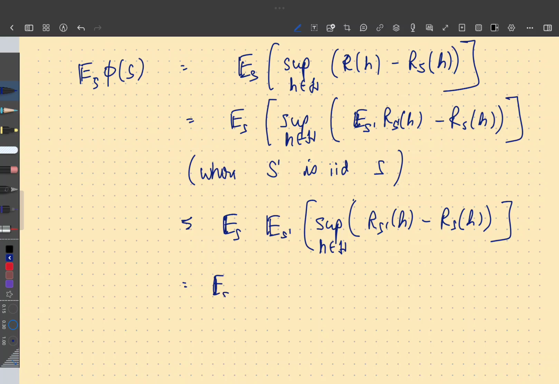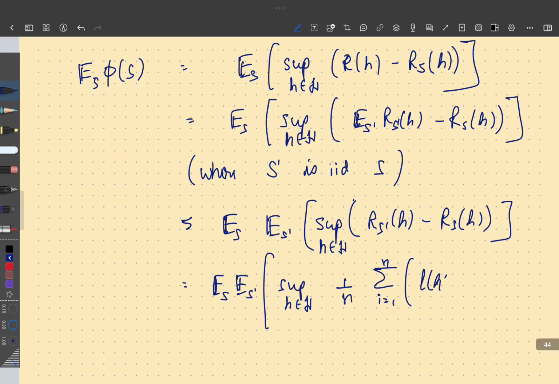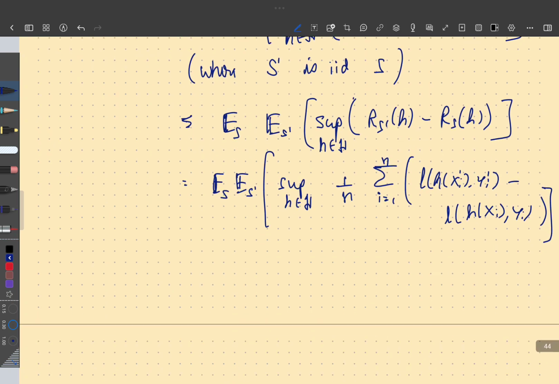This is equal to the expectation with respect to s, expectation with respect to s prime of the supremum over all predictors h of 1 over n times the summation i equal to 1 to n of L of h of xi prime yi prime, minus L of h of xi yi.